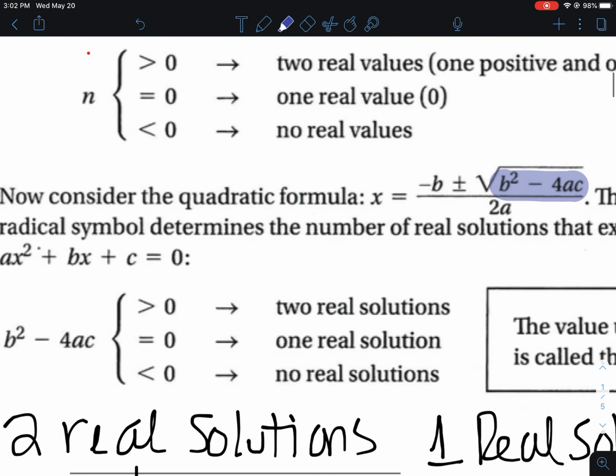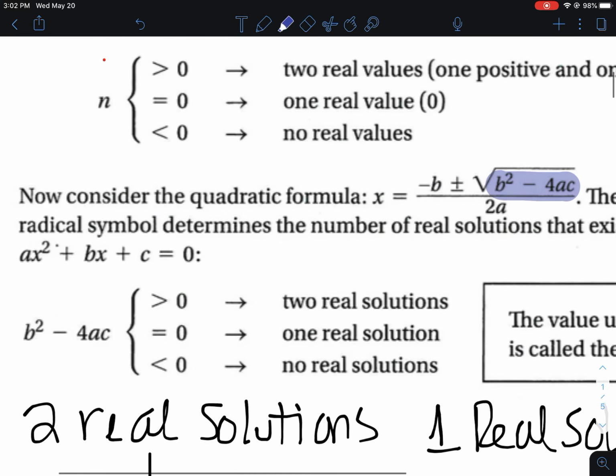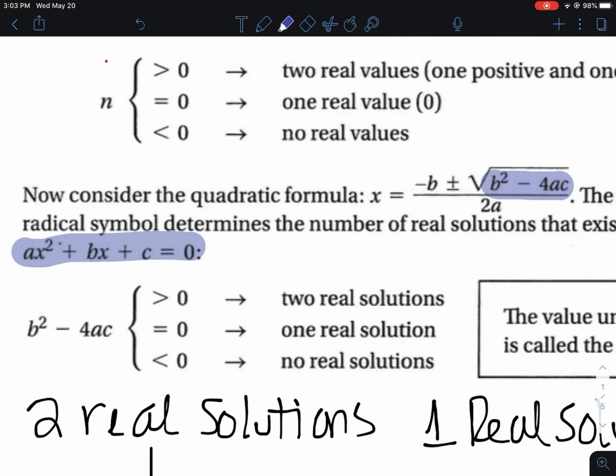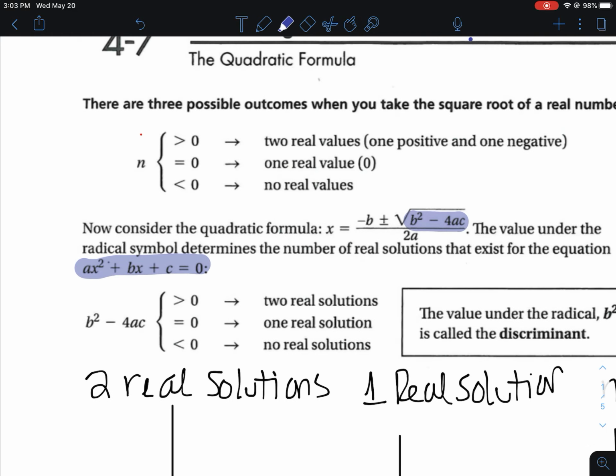And the a, b, and c in that discriminant come from the standard form of a quadratic function, ax squared plus bx plus c. So our job is going to be to identify those values a, b, and c, and then substitute them into the quadratic formula just in the discriminant part, and then use a few rules to see what kind of answers we should get, okay?